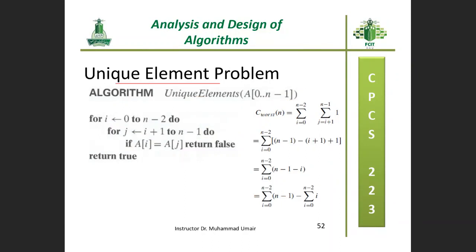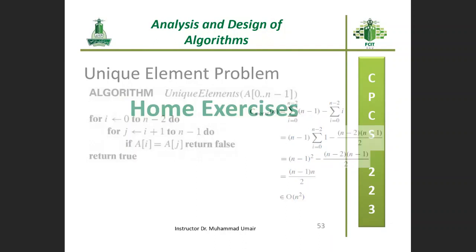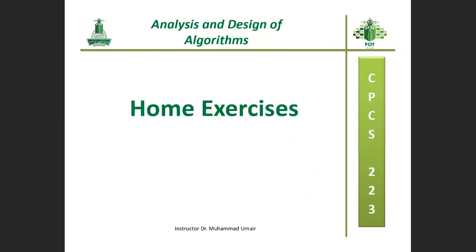Similarly, the next algorithm is the unique element problem. Again, some informal values are already given, but please try to analyze this algorithm yourself first, and then go to the comparison and finding the results. Its further calculations are also given here for your reference. Is that clear?